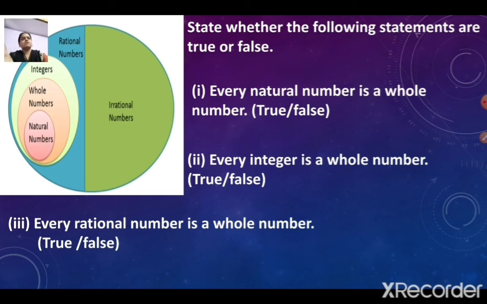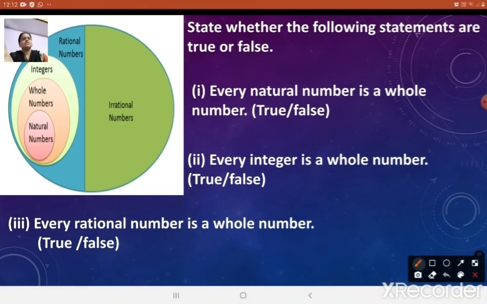Do you remember what I told you? A statement going from the innermost circle to the outermost circle is always correct. According to that you have to find the correct option, whether the statement is true or false. Every natural number is a whole number. The statement is true. Second, every integer is a whole number.